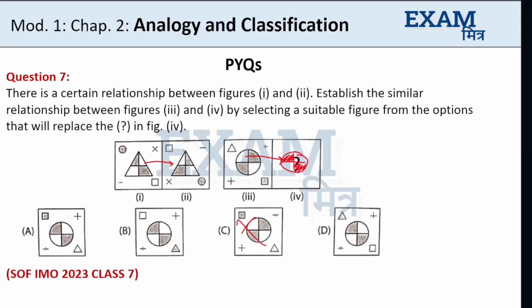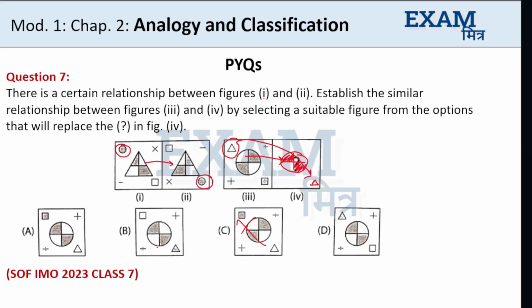Let's see what more we can do. Observe this filled circle. This filled circle is at the top left and in the second figure, that is figure 2, it is coming to the bottom right. Top left to bottom right. So that means this triangle must come here, that is bottom right.